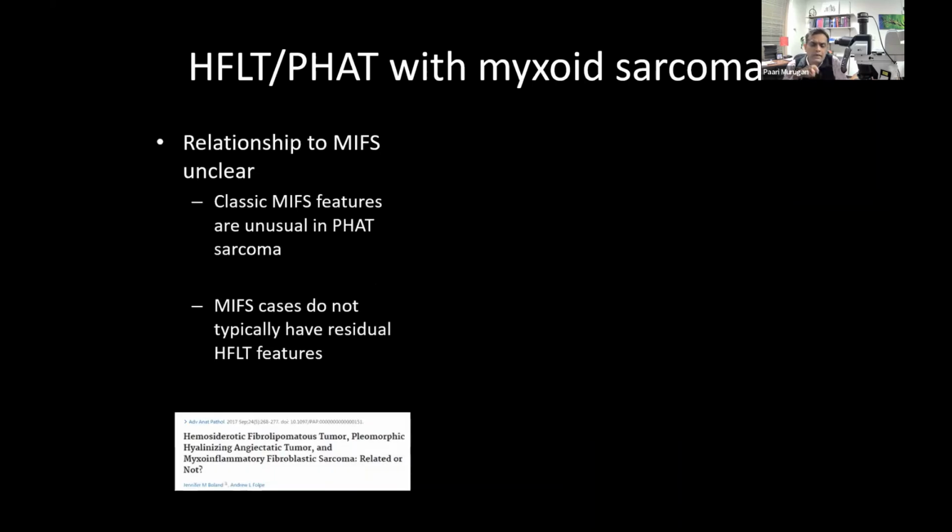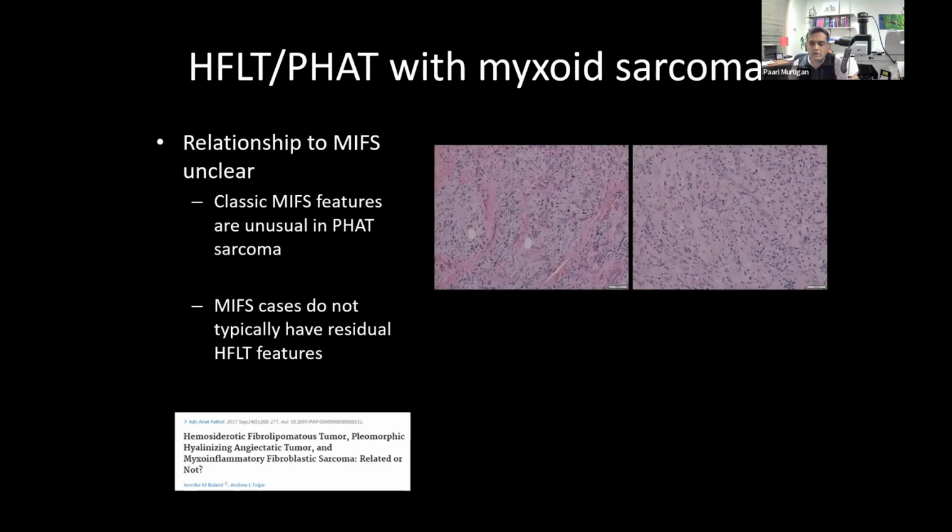However, I want to end with the fact that as of now, the relationship of MIFS with our HFLT PHAT entity with myxoid sarcoma is rather unclear. We don't know if they represent the same entity. That's because here is a classic case of PHAT with myxoid sarcoma. This is actually our case compared to this case of MIFS. So you can see there are some similarities between the two.